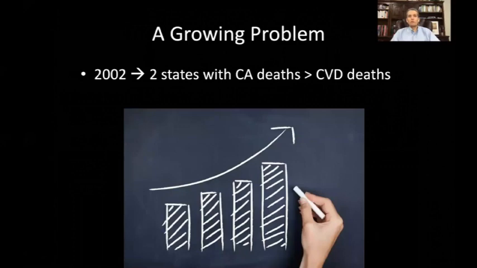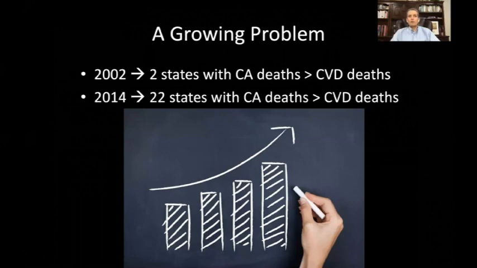In 2002, there were only 2 states in the United States that had more death from cancer than they had from cardiovascular disease. Now, cardiovascular disease has been the number one killer for decades, and it's the number one killer really around the world. But in 2014, 22 states had cancer deaths more than cardiovascular disease deaths.